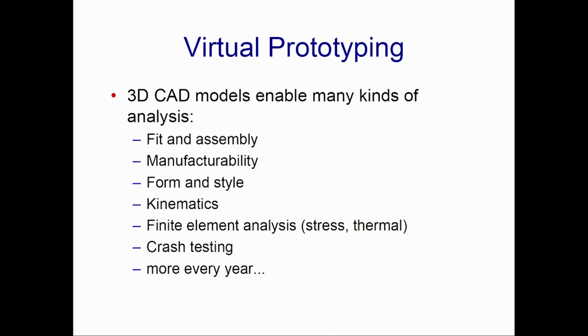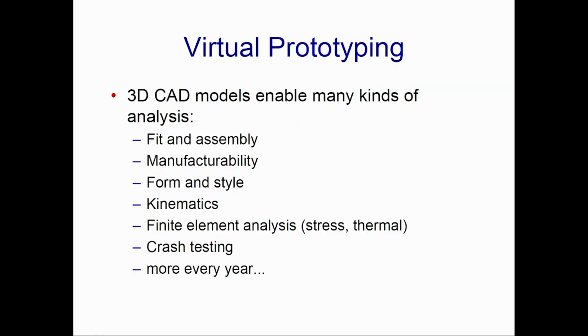This is where we have the advantage: you can use the same model for other purposes. One is how well two parts assemble together. If it is a snap fit, how is it? Then manufacturability: can we manufacture them? Then, as I said, form and style, I was emphasizing to you the way those battery banks work and feel in the hand, and how the mobiles feel in the hand.